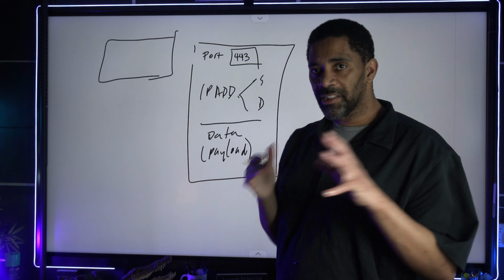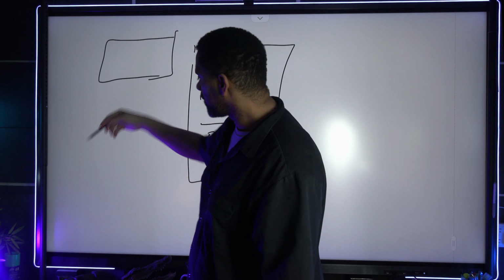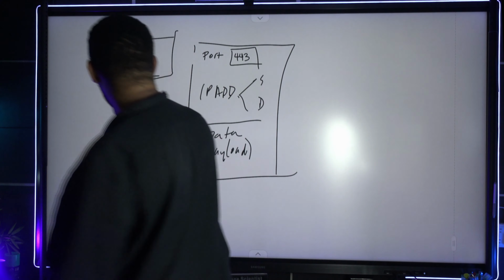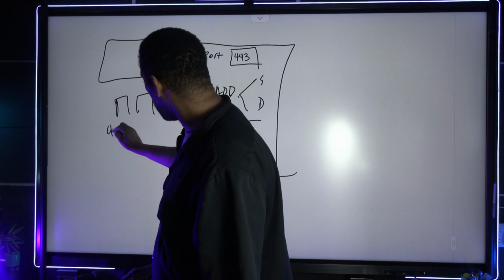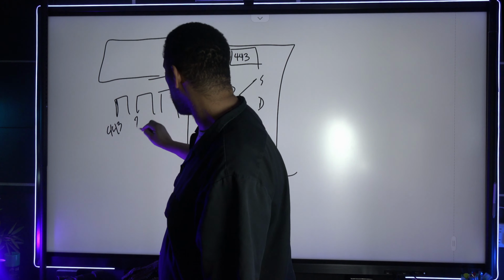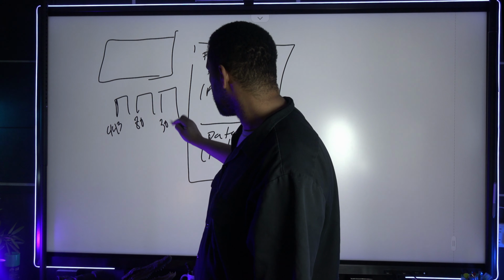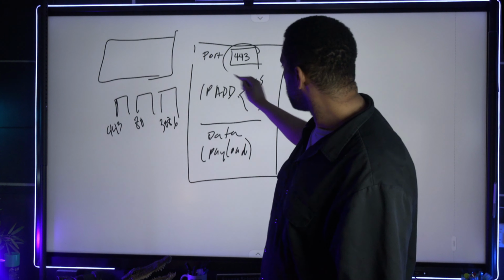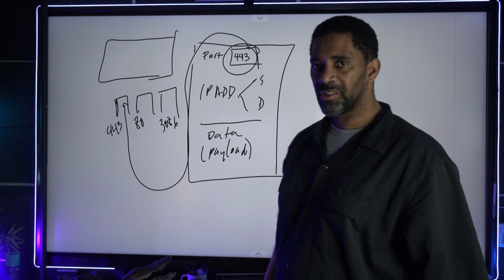So when you get to the destination, the destination is going to have these doorways. You can look at a doorway as, we have doorway 443, we have doorway 80, and we have like 3086. So when you get to your destination, this port number is going to tell you which door you're going through.